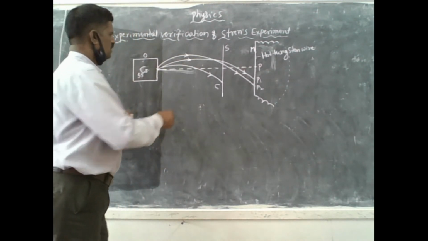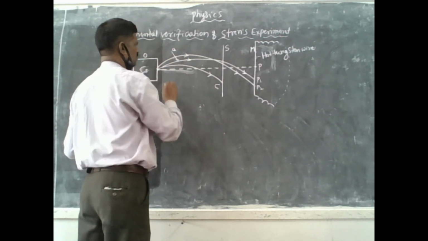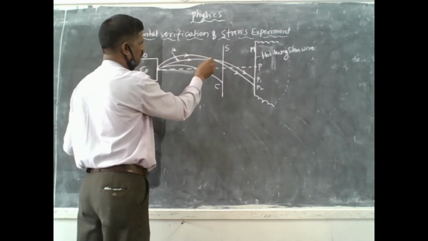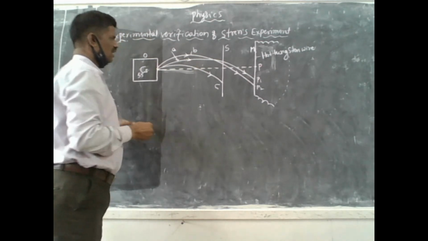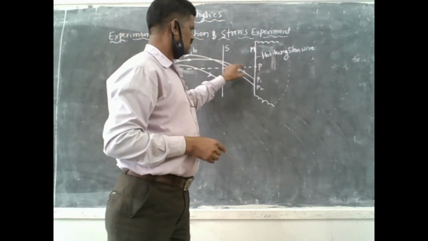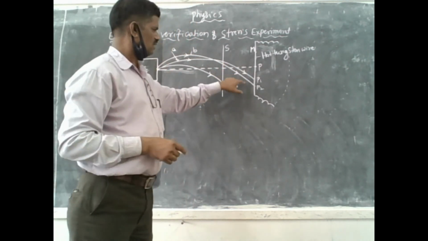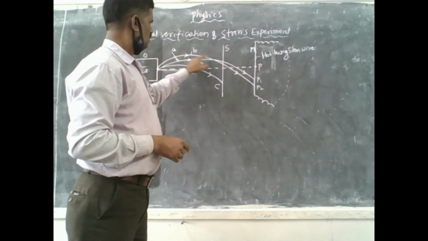And also here the first beam is A, the second beam is B, and the third beam is C. The beam A moves faster than the slower one, isn't it?